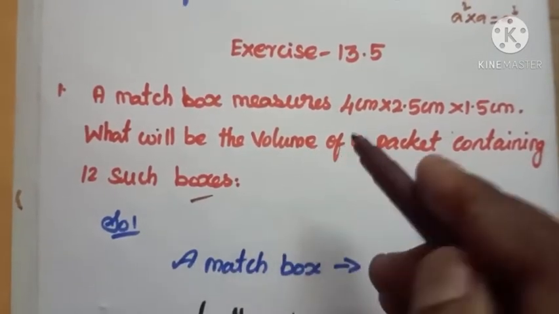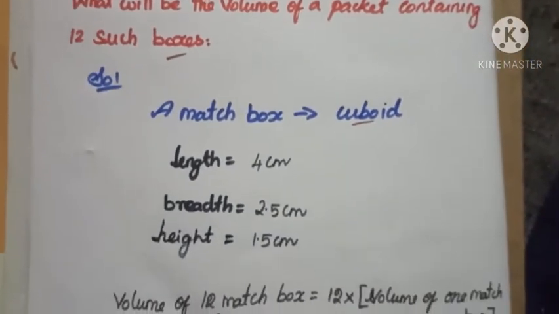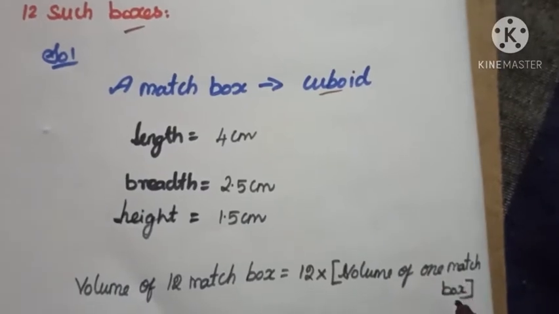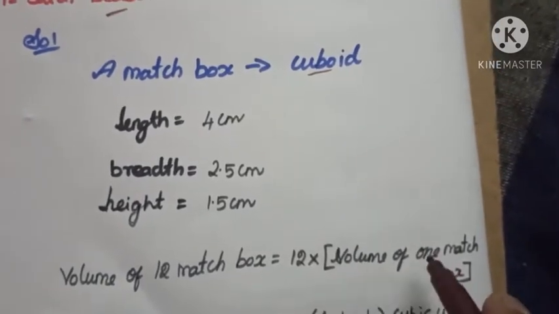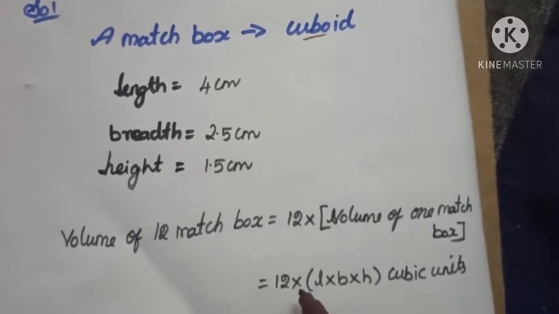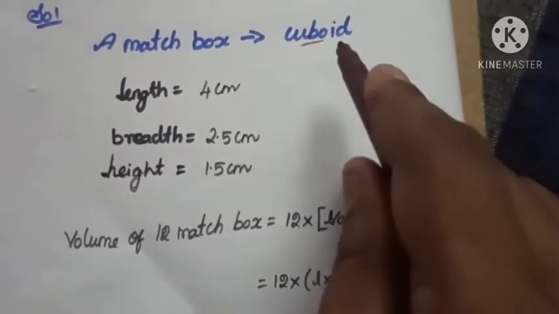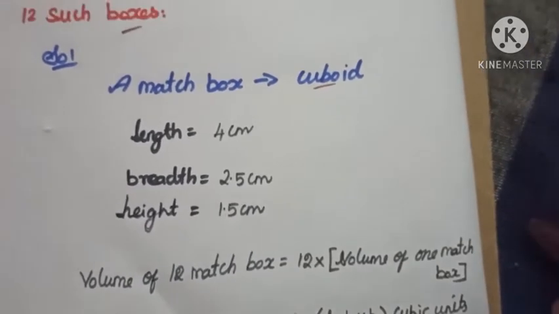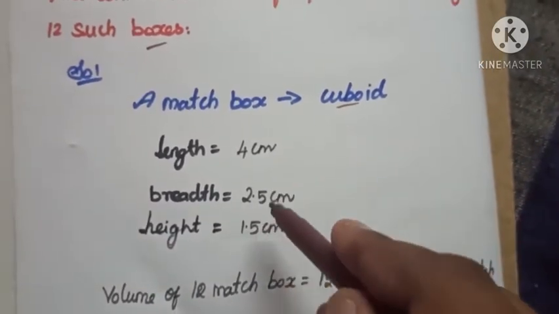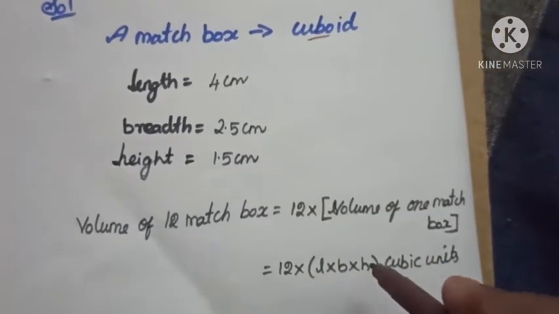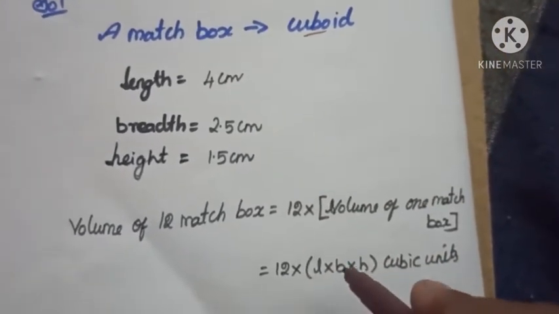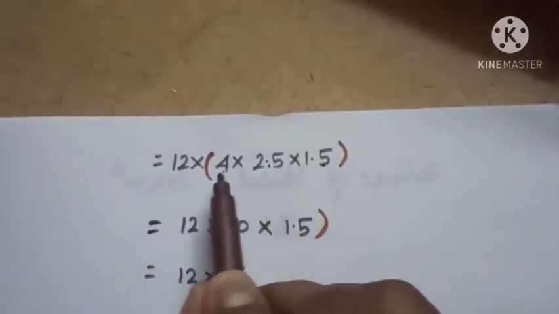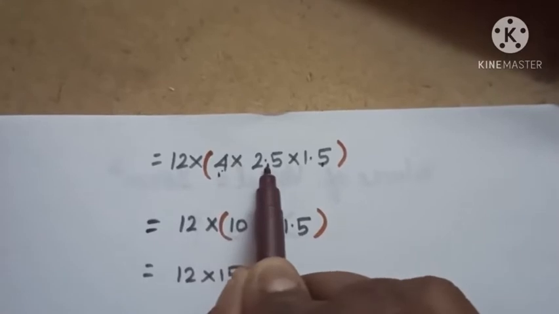So we need the volume of 12 matchboxes, that is 12 into the volume of one matchbox. The volume of one matchbox is the volume of a cuboid, that is length into breadth into height, cubic units. You know the values of length, breadth and height, so directly substitute the values instead of LBH. So 12 into 4 into 2.5 into 1.5.